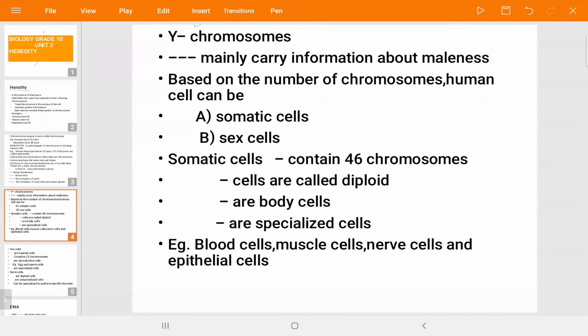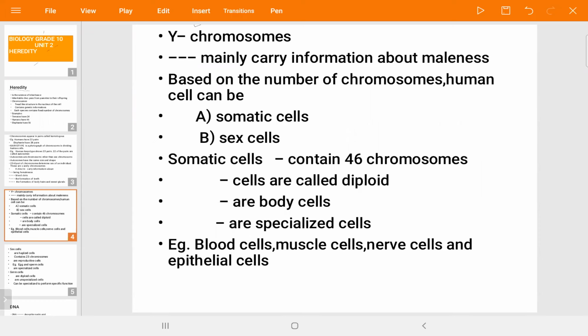Okay? As I said, somatic cells are body cells, they are specialized cells. Examples: neurons, nerve cells. Blood cells, except mature red blood cells. White blood cells, B cells, T cells, the phagocyte, lymphocyte.